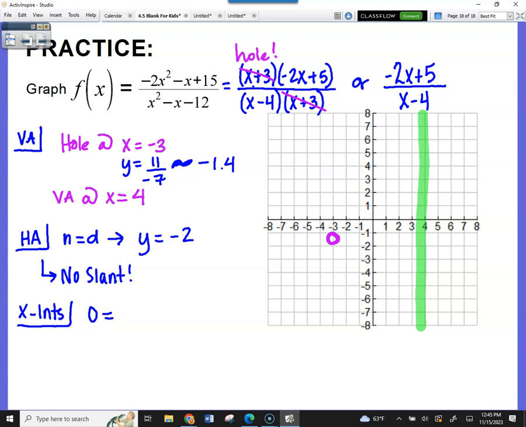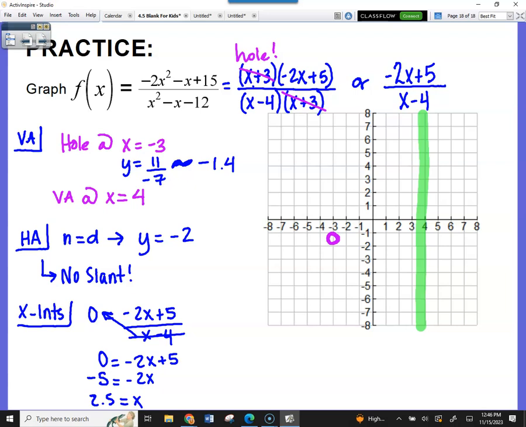Don't go back to the original. So once again, I'm showing my work. So this would cross multiply and go away. Solve it. Subtract 5. Divide by negative 2. I don't have a lot of room to show it, but it'd be negative 5 over negative 2, which means positive 2.5.